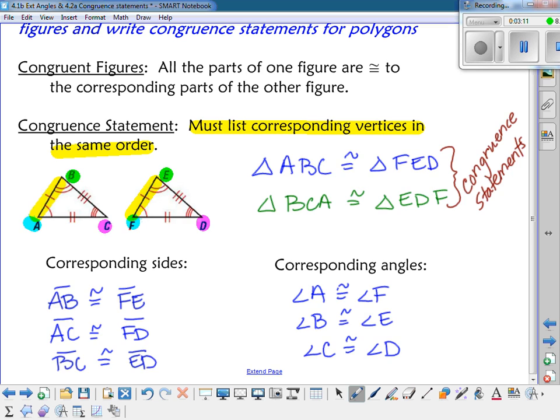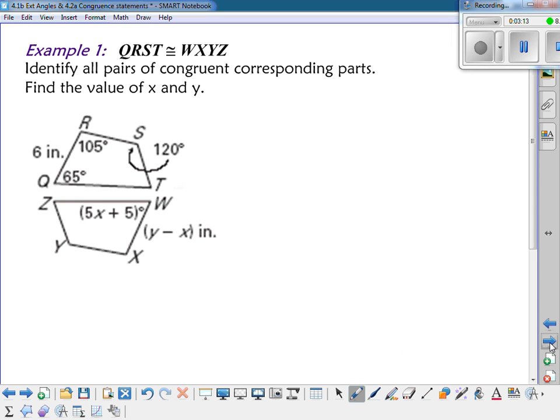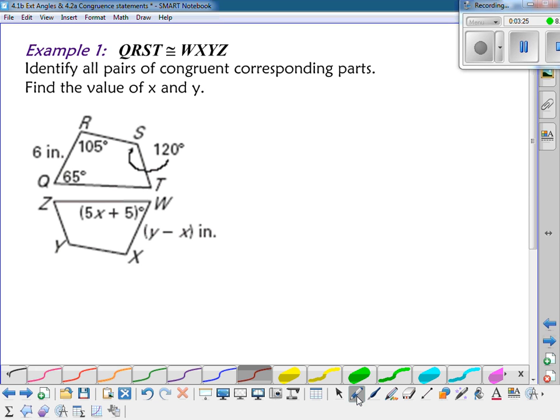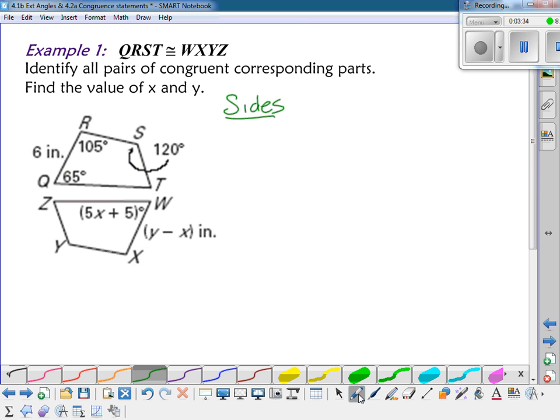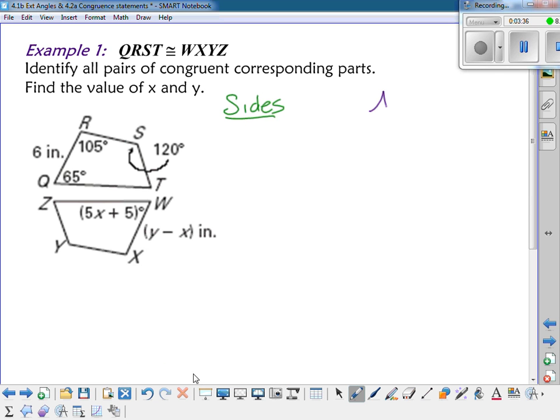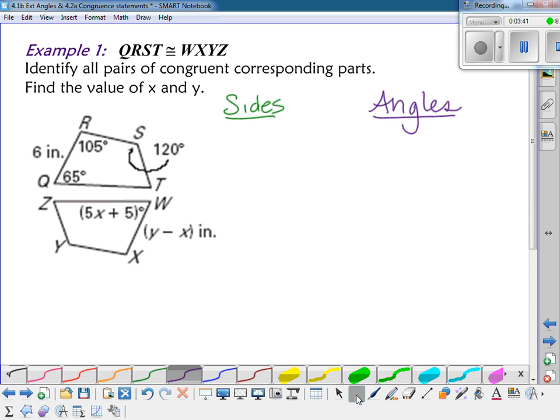All right, so for example 1, I have that QRST is congruent to WXYZ. So the first thing it says to do is identify all the pairs of congruent corresponding parts. So just like the triangles, we'll do that again. So we've got corresponding sides, and then we have corresponding angles. Well, the angles are the easiest ones because we can go through and just look at the congruent statement.